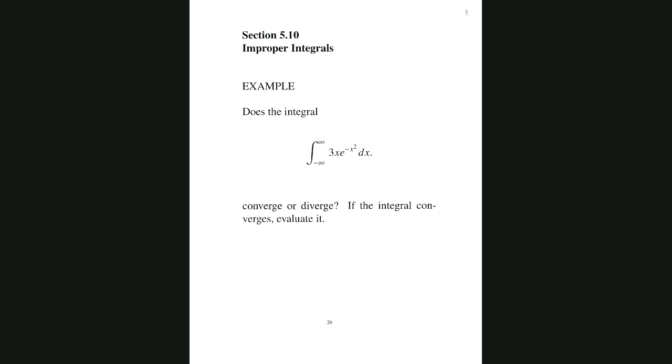Okay, so in this problem here, is it a type 1 or a type 2 improper integral? What would you say? That's right, Tina. Definitely a type 1. And this one is a little more interesting because you have infinity and a negative infinity.